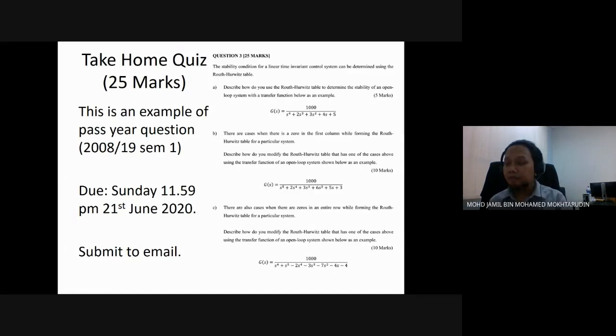Okay, so the reason why I give you quizzes a lot for Routh Hurwitz is because starting next week and week onwards, you will use Routh Hurwitz criteria a lot. There are a lot of usage for Routh Hurwitz, but maybe sometimes you already forgot about Routh Hurwitz, how to use the table, how to calculate the determinant.